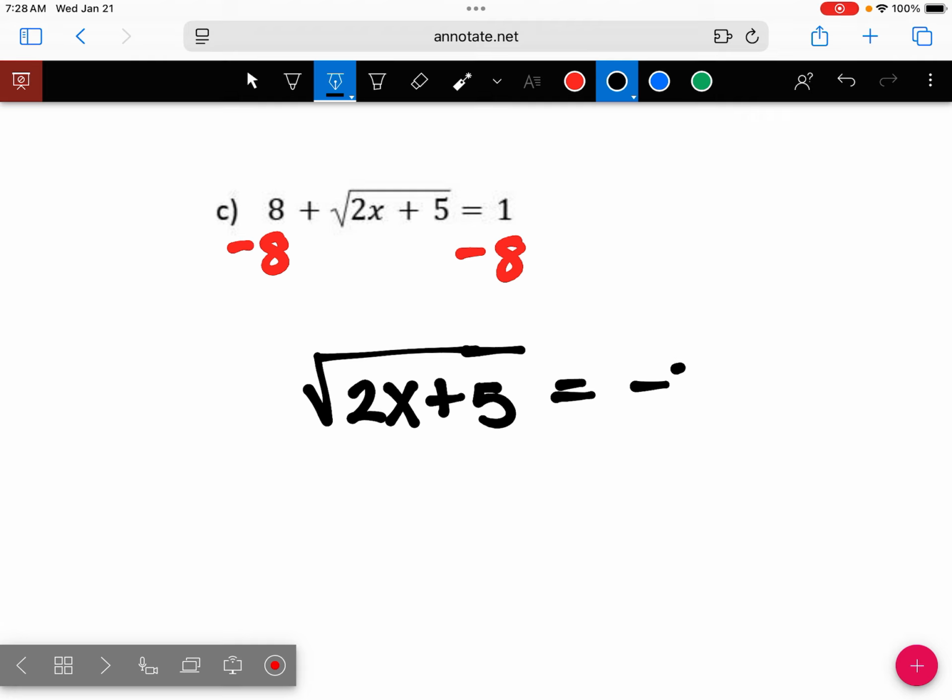And I get negative 7. Do I keep going or am I done? I'm done. Because after I got the square root by itself, it was equal to a negative number. So that is no solution.